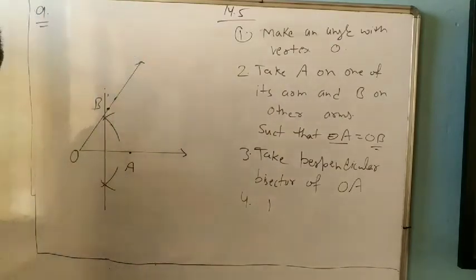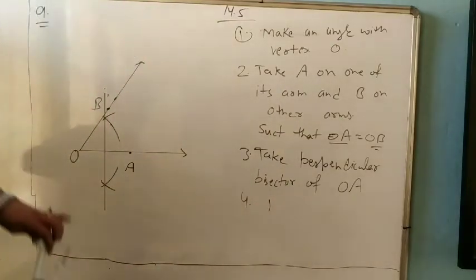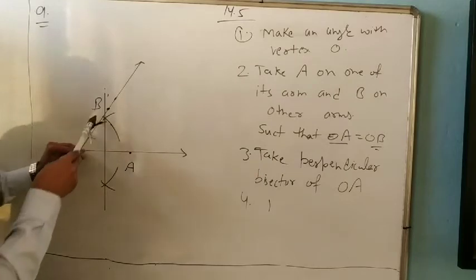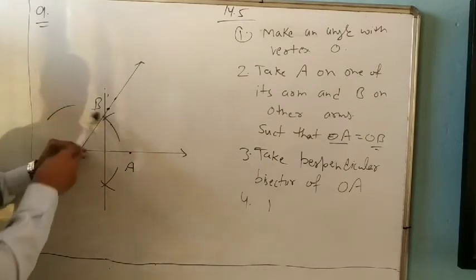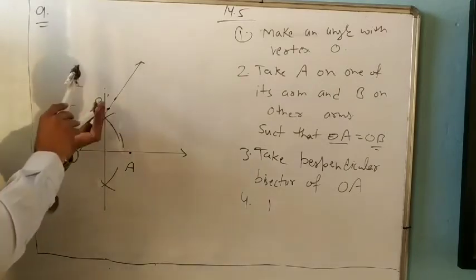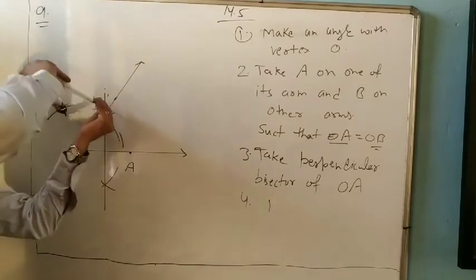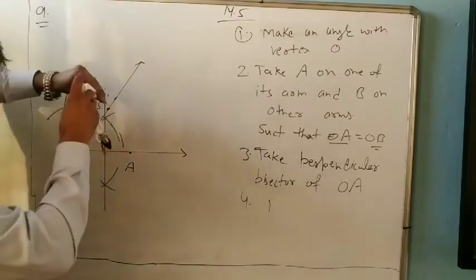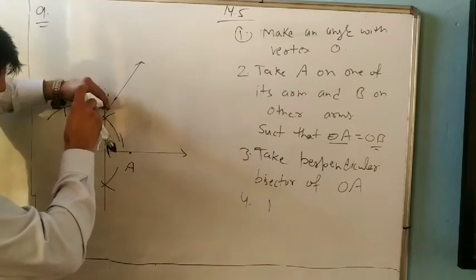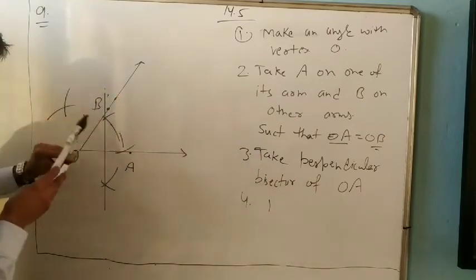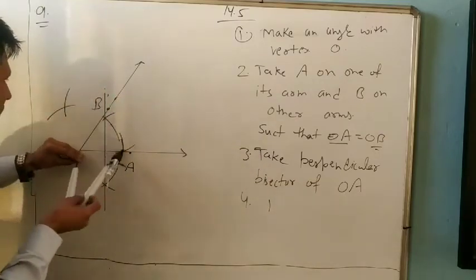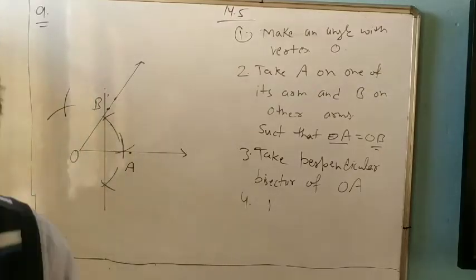Same as it is, the perpendicular bisector of OB. How will you take? Open compass more than half, like this one. Now B as center. Yes, B as a center. And join these.